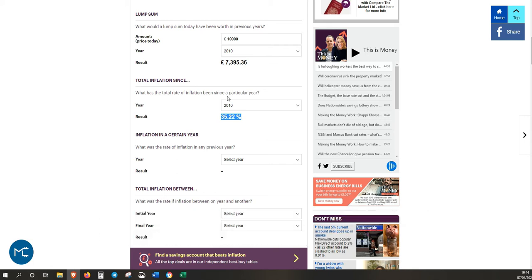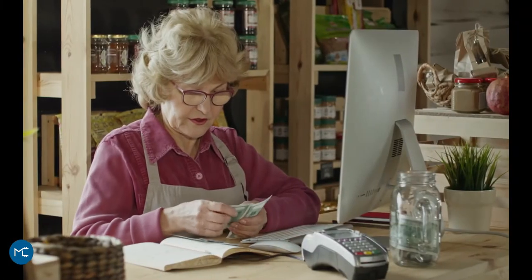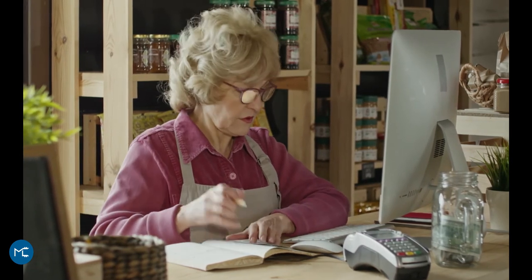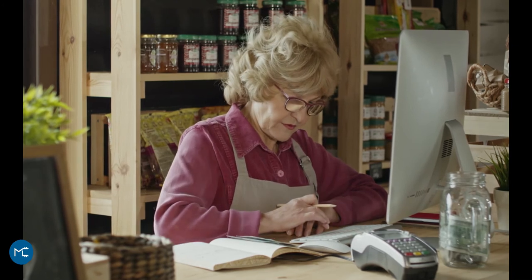And so they can measure that rate of inflation, or the rate at which your money is technically devaluing. It could be 2-3% a year, 3.5% a year, and over 10 years that's equivalent to 35%. So your money has decreased in value by that much, which is absolutely crazy.